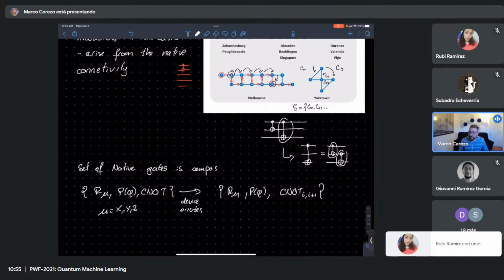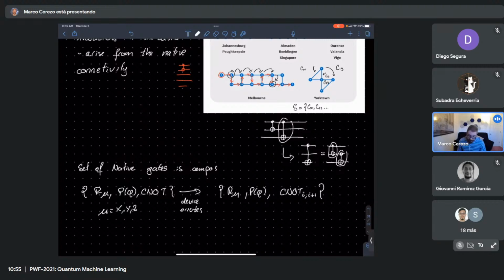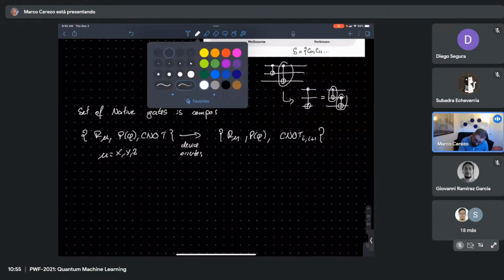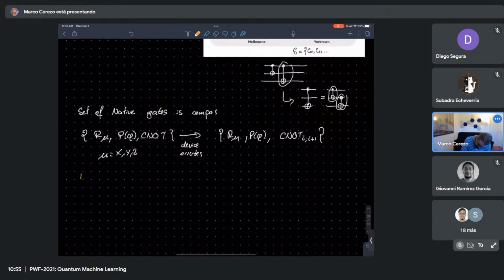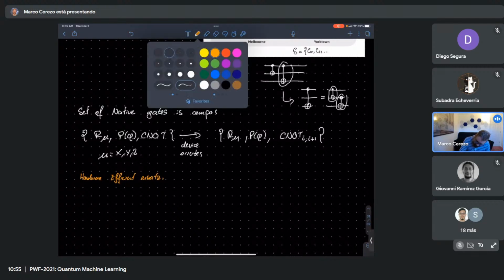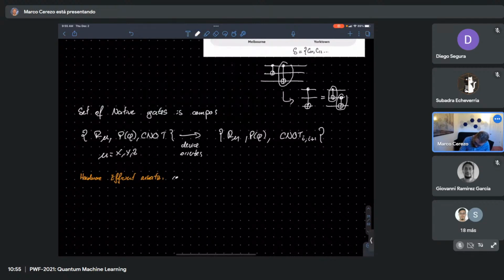So, of course, the next question is, we've just defined the set of gates. How do we actually build a hardware efficient ansatz? So the main idea of the hardware efficient ansatz is to reduce the depth and use native gates, as we said.